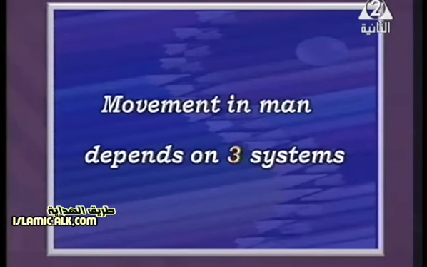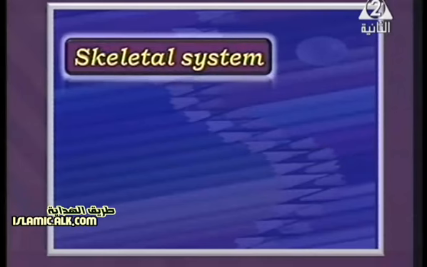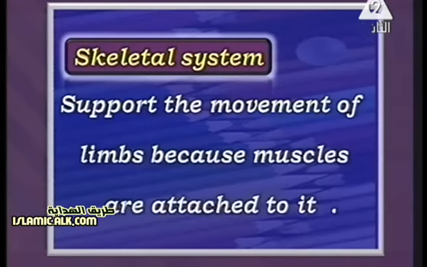Well, movement in man depends on three systems. The first one is the skeletal system. For what? As we said, it gives support, and movement of limbs, because the muscles are attached to it.